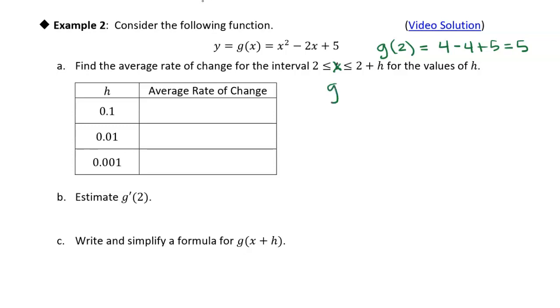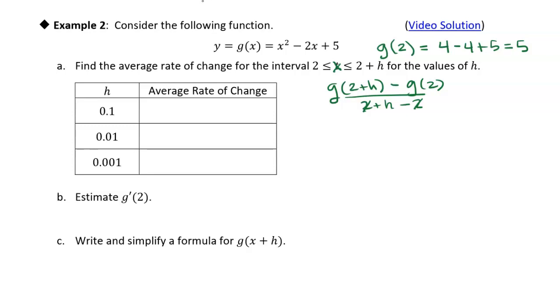Now what I want to do is find g of 2 plus h, subtract g at 2, and then divide that by 2 plus h minus 2. Essentially that cancels, and it's just over h.